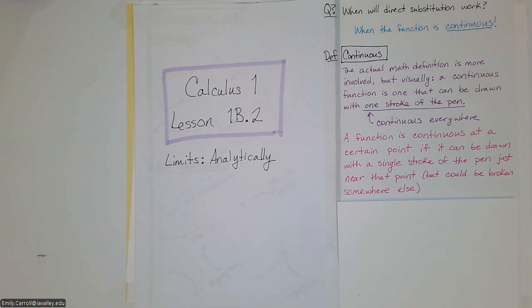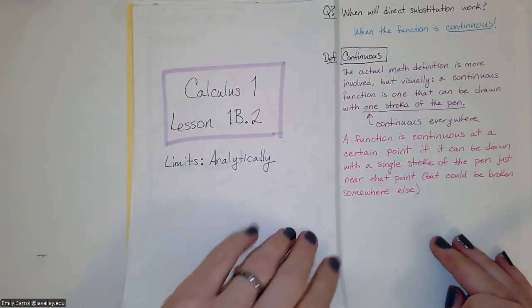It's like if you zoom in your window or narrow your focus or look at it with a magnifying glass. If there's some limited view of the function that can be drawn in one stroke of the pen, then it's continuous in that little area, even if it might be discontinuous elsewhere. Let me show you what that looks like.